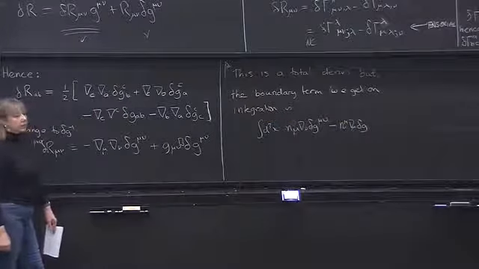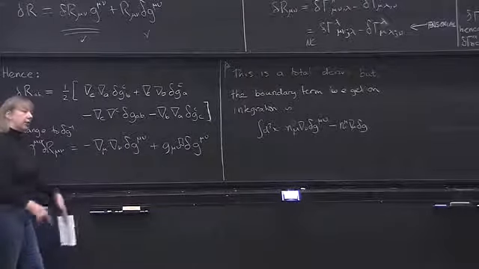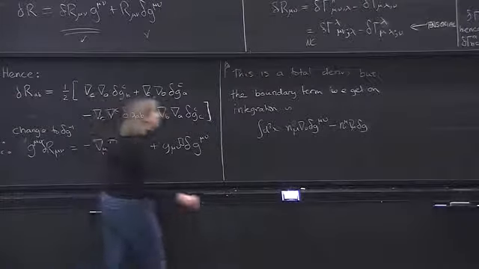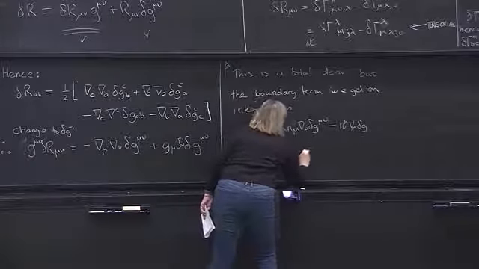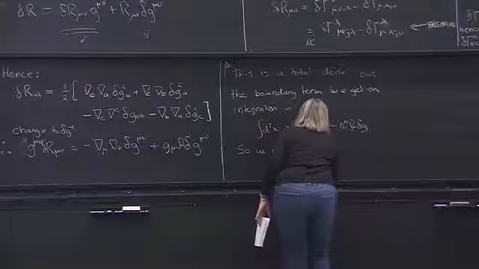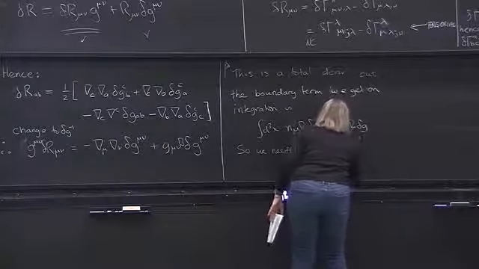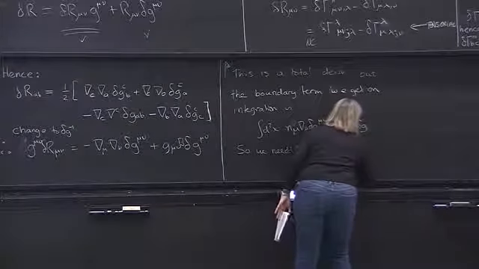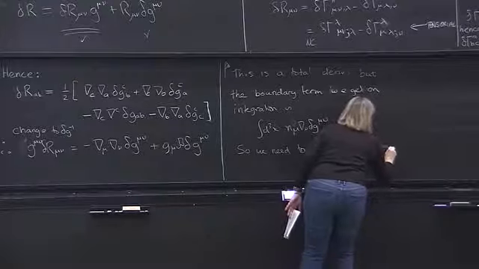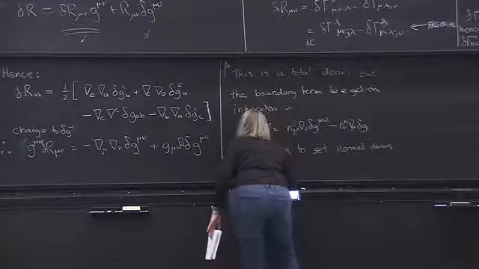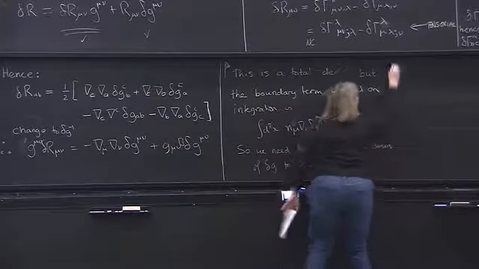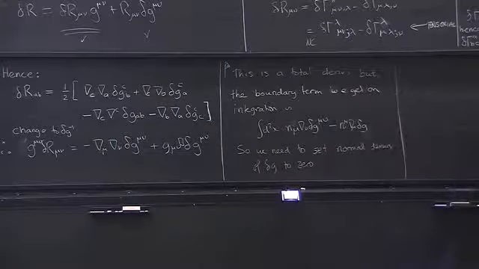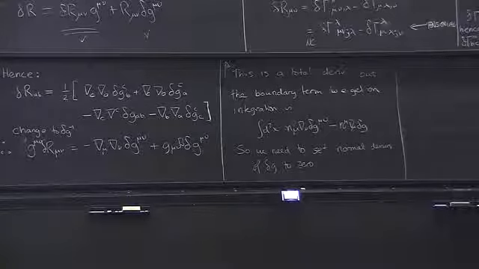We do not get delta G, we get derivatives of delta G. So we require normal derivatives, which is a little bit outside, actually, the rules of the game for your Lagrangian variational principle.